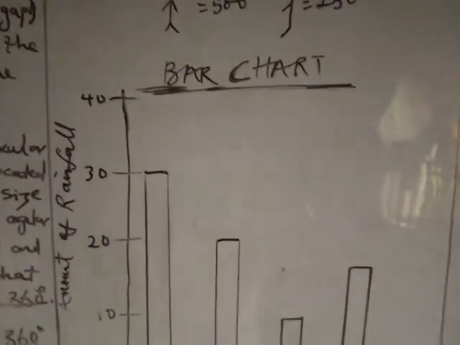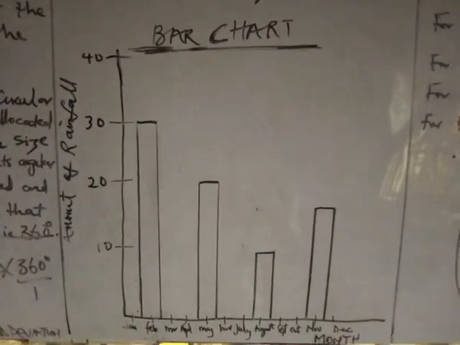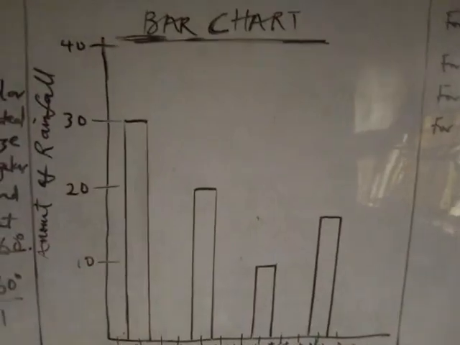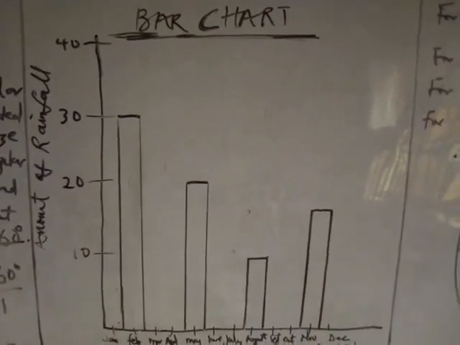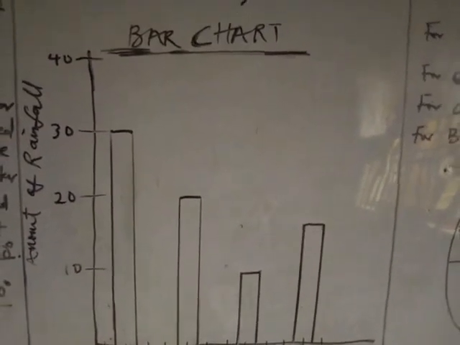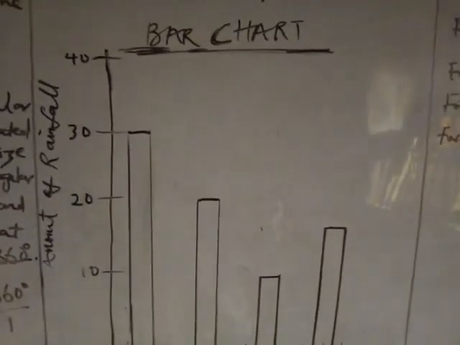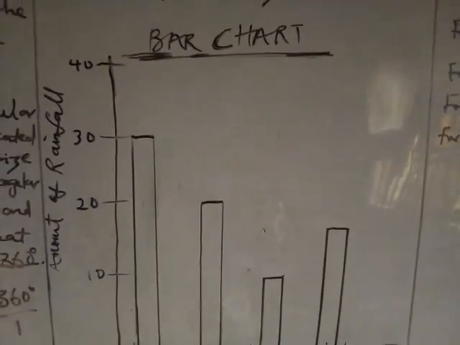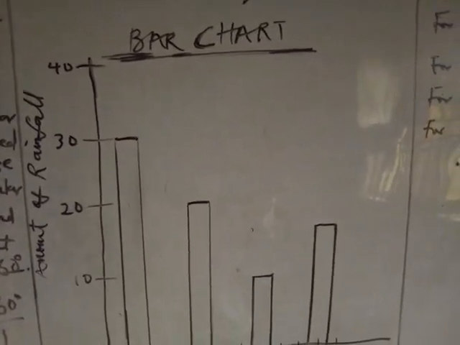So we have the bar chart. A bar chart is using bars to represent the values of data. The first thing you must know is that in bar charts, all bars must be equally spaced, and they must have the same width, equal width.